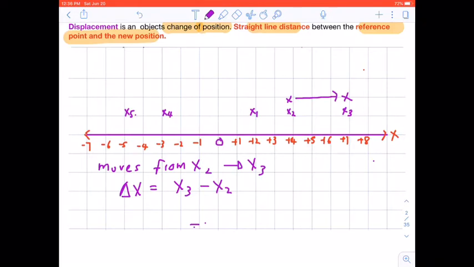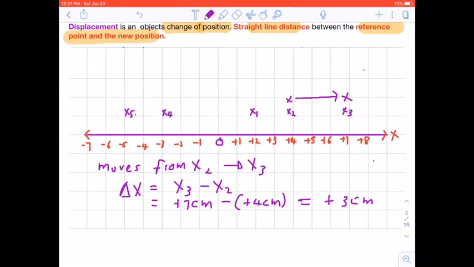And we see that it is equal to x3, which is plus 7 centimeters, minus x2, which is plus 4 centimeters, and we see that that is equal to plus 3 centimeters. Okay?